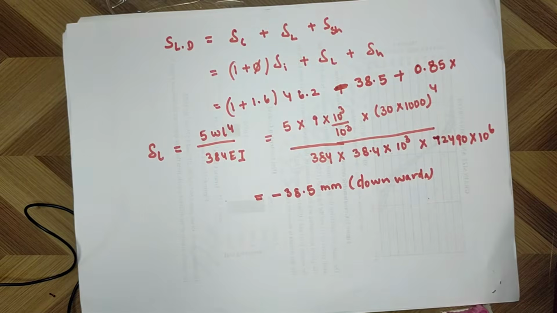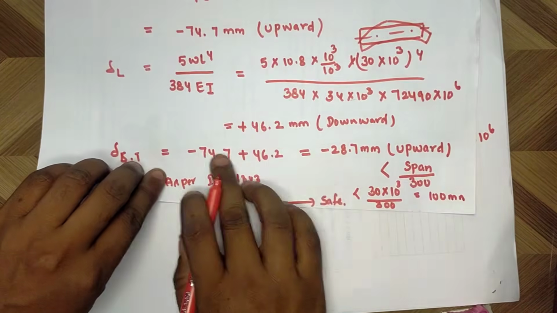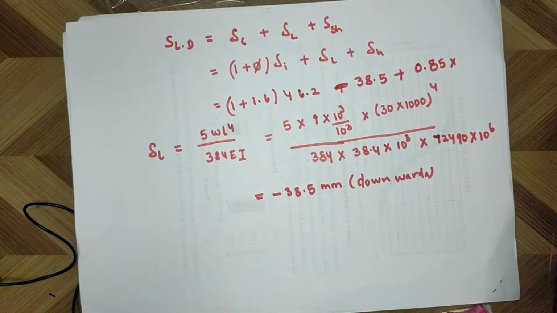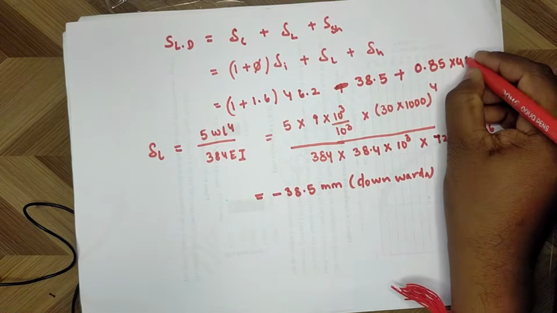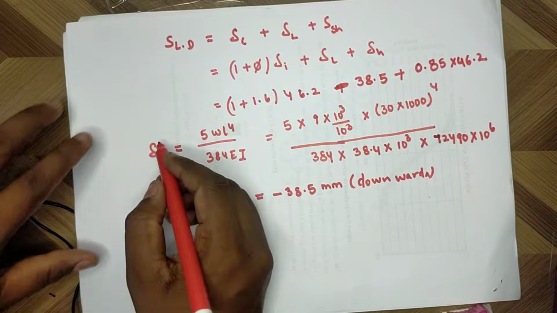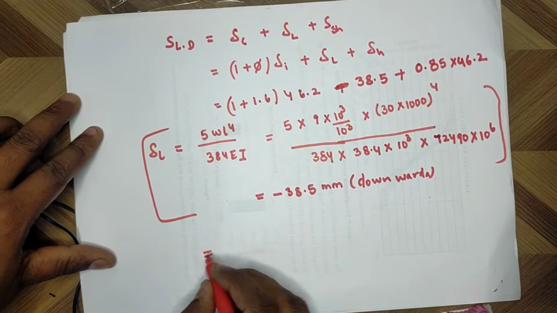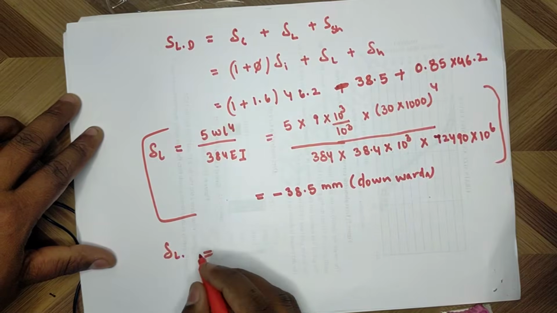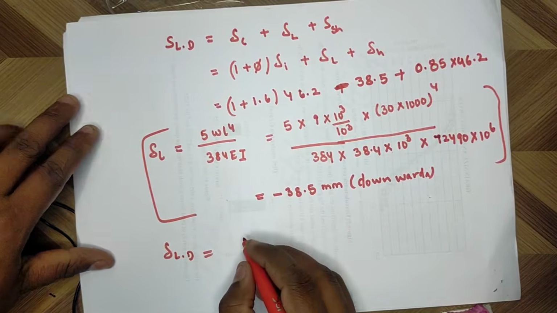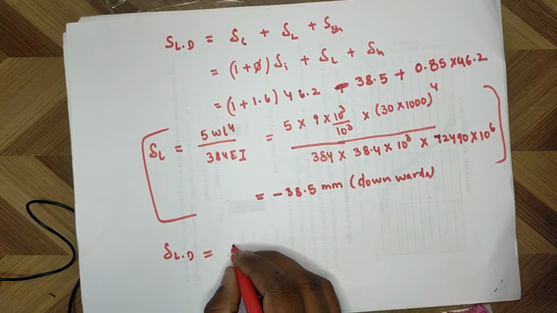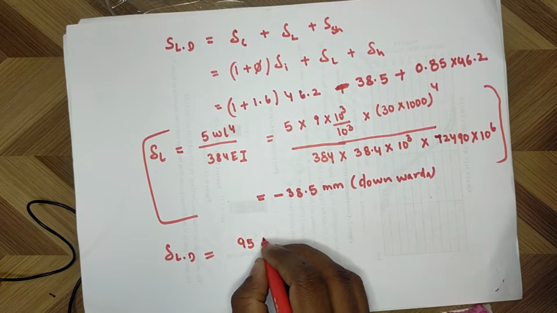Already we have determined the deflection due to dead load, calculated as 46.2. Now the long-term deflection is equal to, what is the value? It is 95 mm.